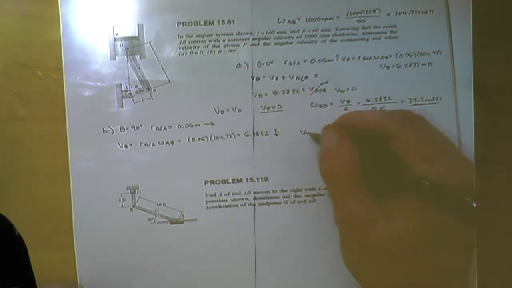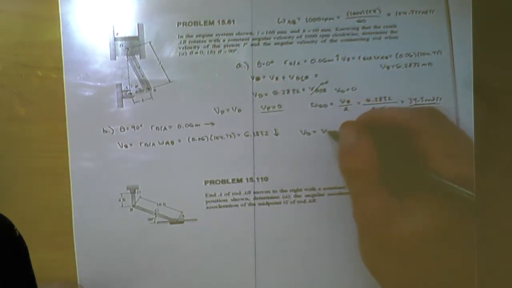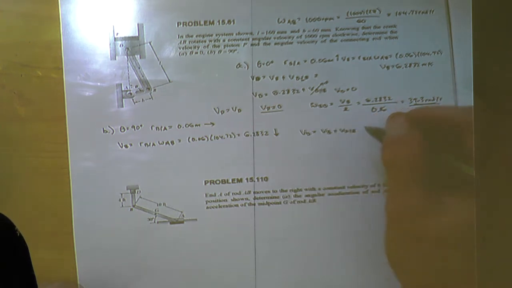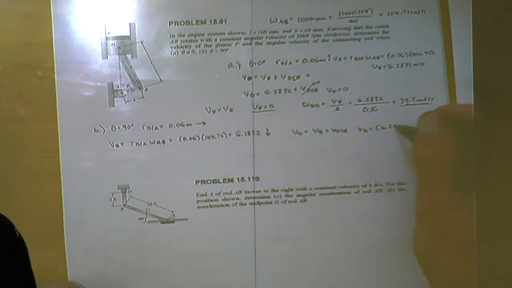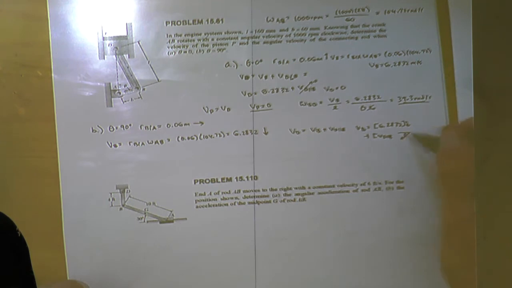And we have vD is equal to vB plus vD relative to B. We have vD equals 6.2832 down plus vD relative to B. It's going to be moving at some angle here.